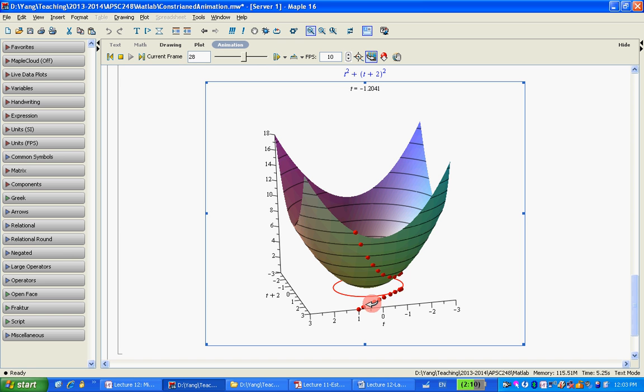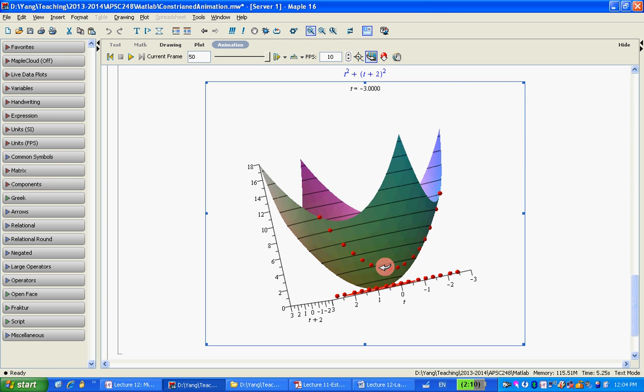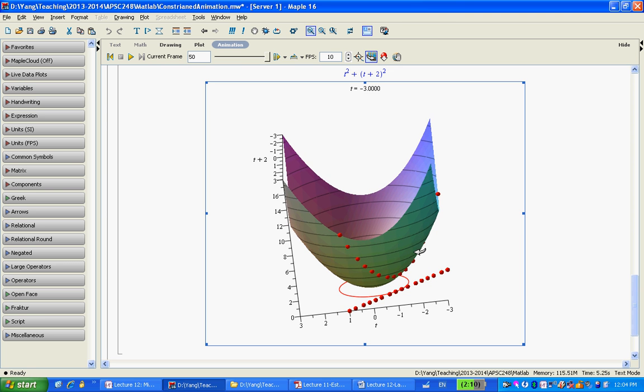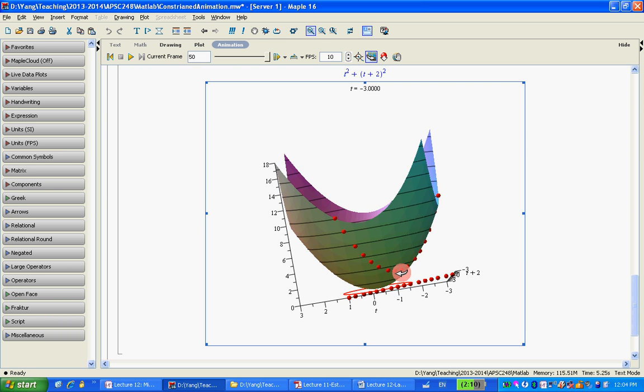While you're walking along the straight line, the function f will be traced out as a parabola. If the question is what's the minimum point of f while you're walking along this line, the minimum is going to be somewhere here.